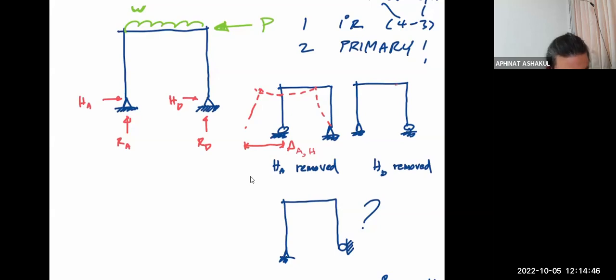If you remove HD, you probably have something like this. Okay. That's HD. Delta at D in the horizontal direction. So we need to find a way to calculate those quantities. Okay. And once you have your primary structure, you can calculate this.